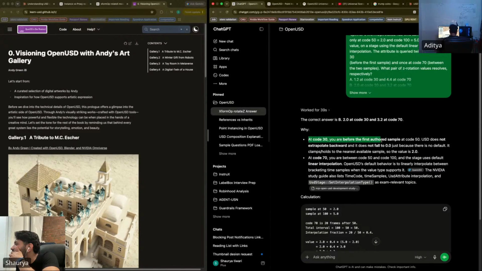At code 30 or before the first authored sample... Oh shit! It does not extrapolate backward. It does not fall to 0.0. I didn't know that. That it does not extrapolate backward.